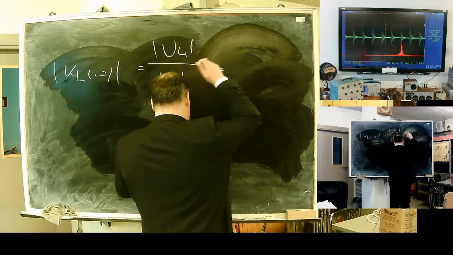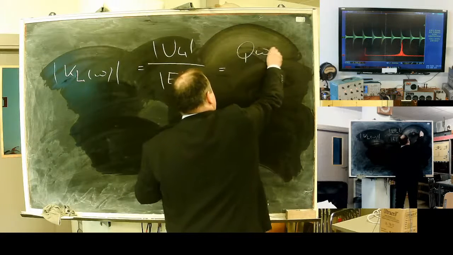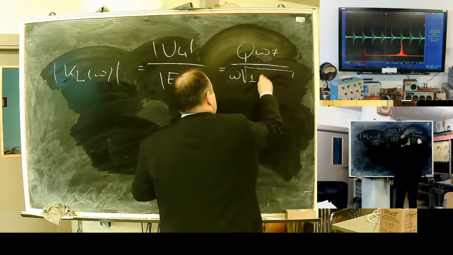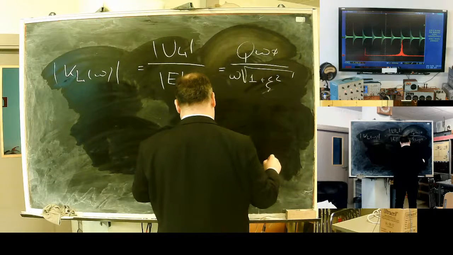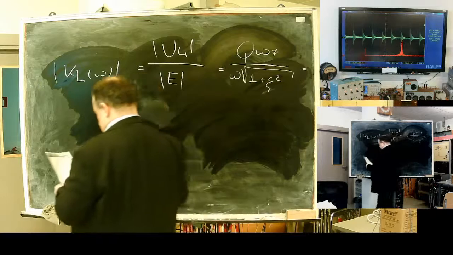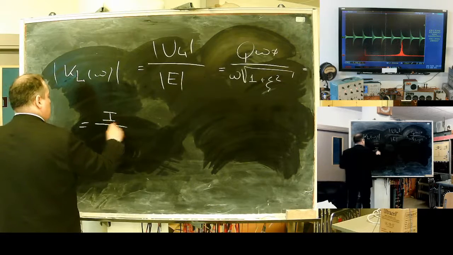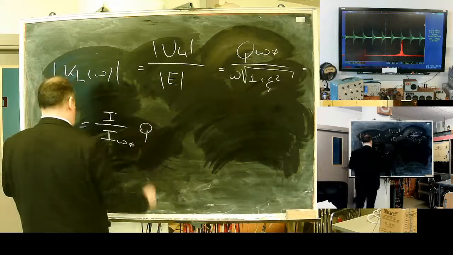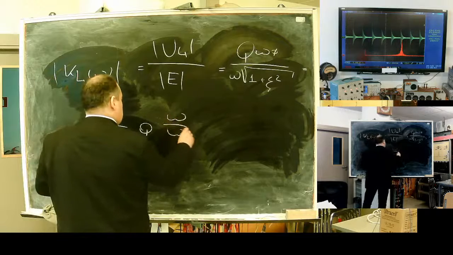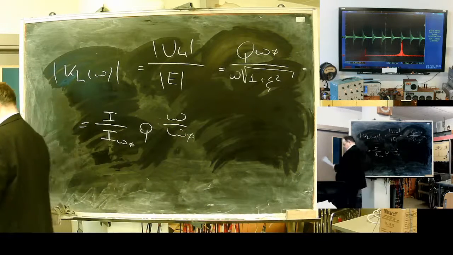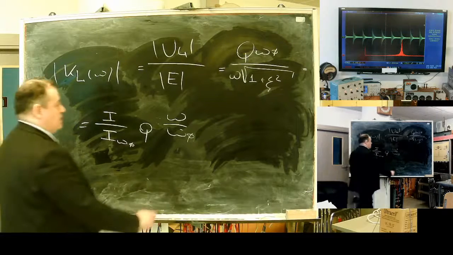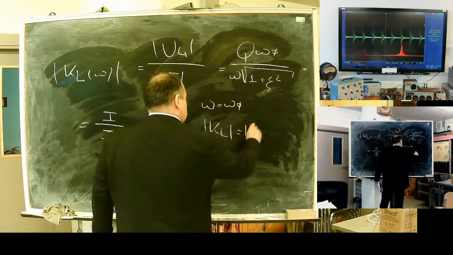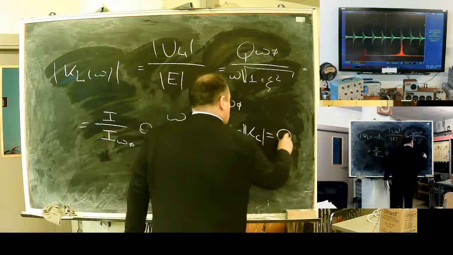It will be the same: square root of 1 plus c squared, or the current against the current at omega naught in the resonance regime. At the point of resonance, when frequency equals omega 0, they are both equal to the quality.